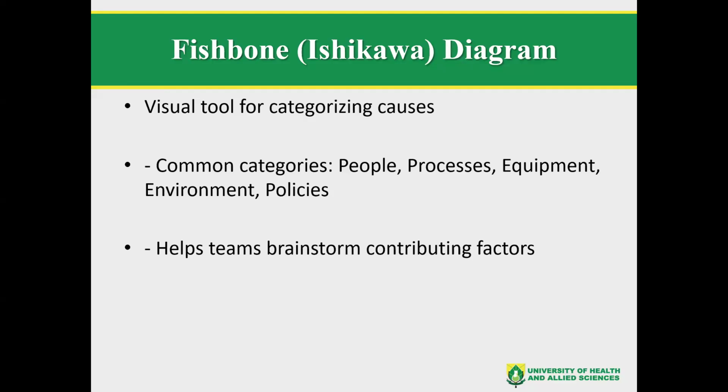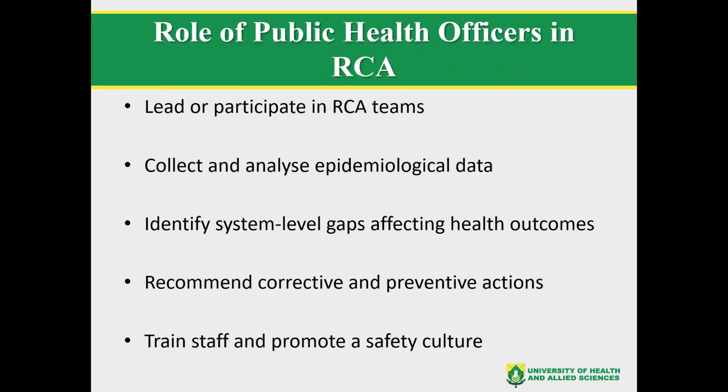When you are using the fishbone diagram to do a root cause analysis, it helps the team members to brainstorm and look at what the contributing factors are. And then it will lead you to find the root cause of the problem.